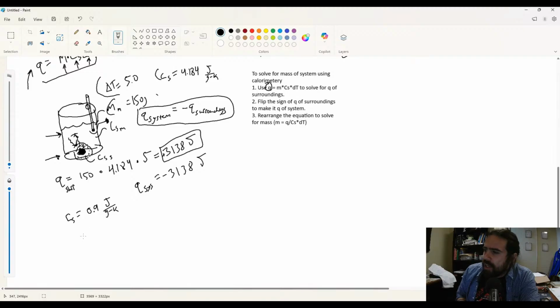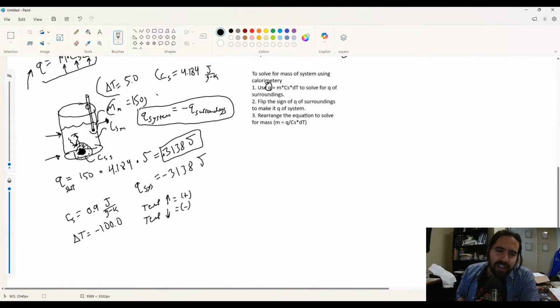And the temperature has decreased by 100 degrees Celsius. Now, this is another thing that trips people up. If you have a temperature increase, that's going to be a plus number. If you have a temperature decrease, that's going to equal a minus number.